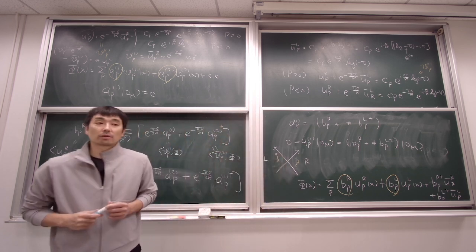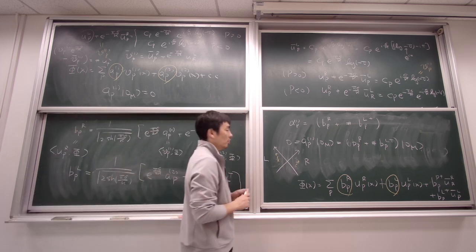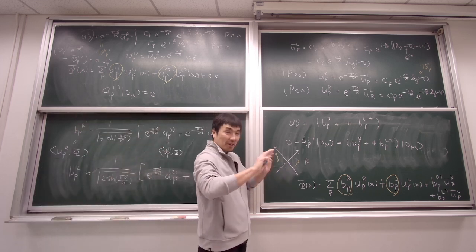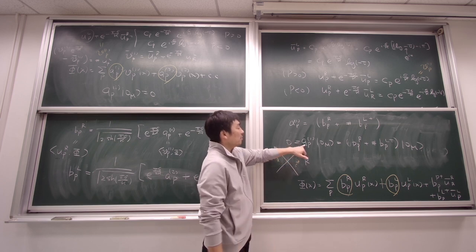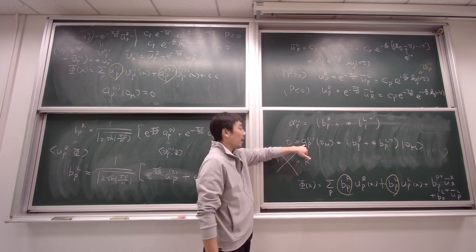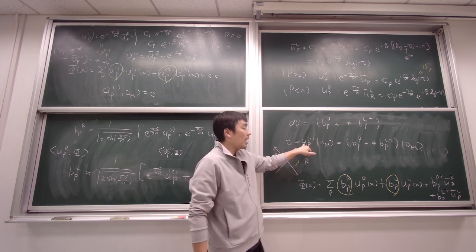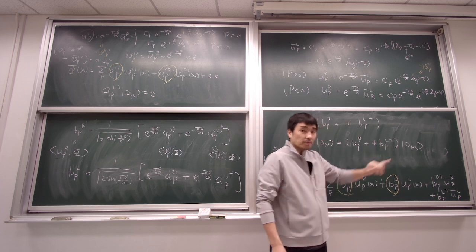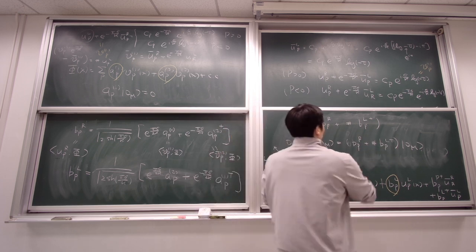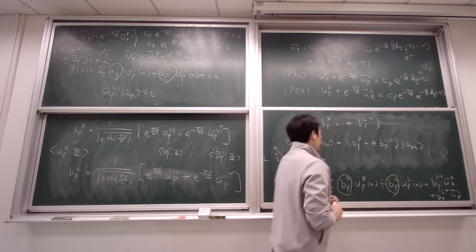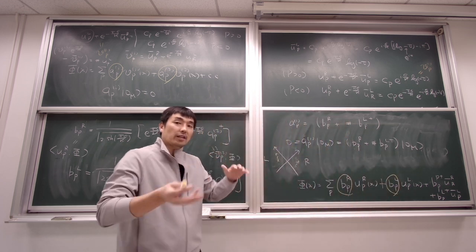So in the Minkowski vacuum, it's generally defined by A annihilating it to 0, because this is an annihilation operator. But this will give you an annihilation operator and a creation operator on the right and left Rindler wedge.